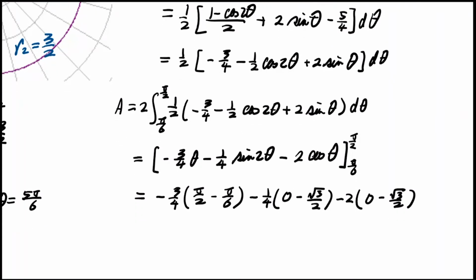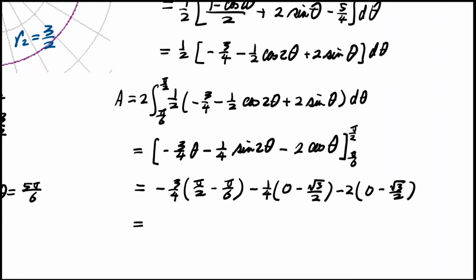Tell me you can do this. So from here you get negative pi over 4. You want me to show you how to find the common denominator and add that fraction while I'm at it? Okay, and this I believe should be 9 root 3 over 8, right?